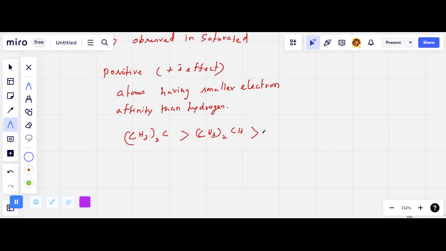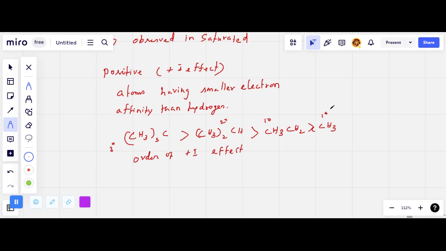Then it's primary, CH3CH2, and CH3 is also primary. The order of plus I effect is tertiary, secondary, primary.